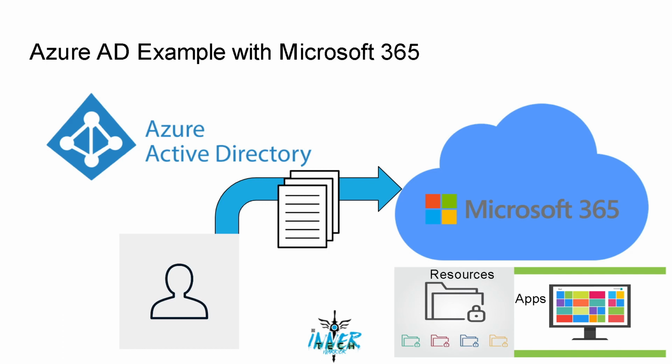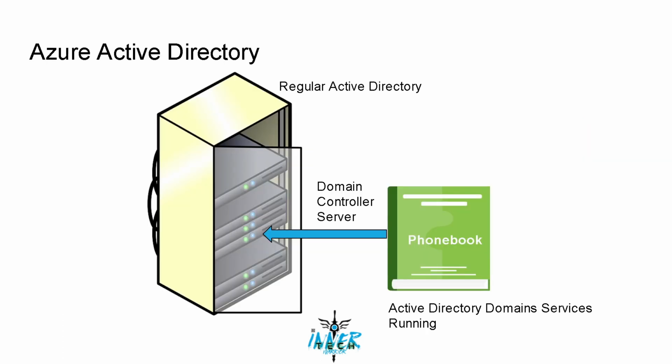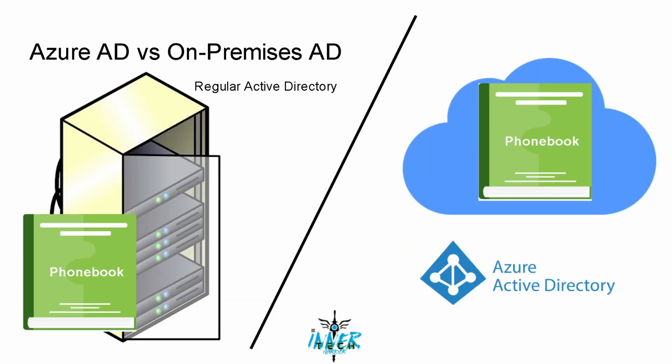In a traditional on-premises Active Directory environment, there are physical servers called domain controllers that run the Active Directory domain services, or the ADDS. Azure AD, on the other hand, is a cloud-based identity and access management service, so it provides similar capabilities to on-premises Active Directory, but without the need to deploy and manage physical domain controllers.